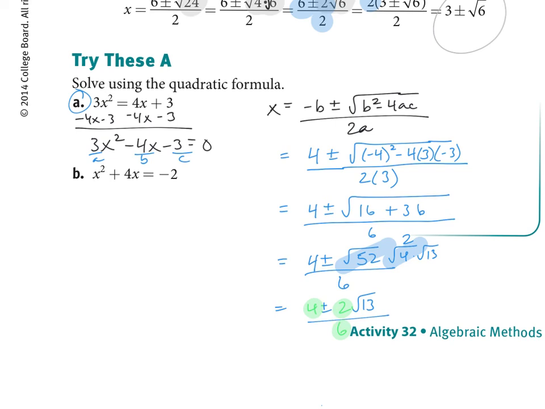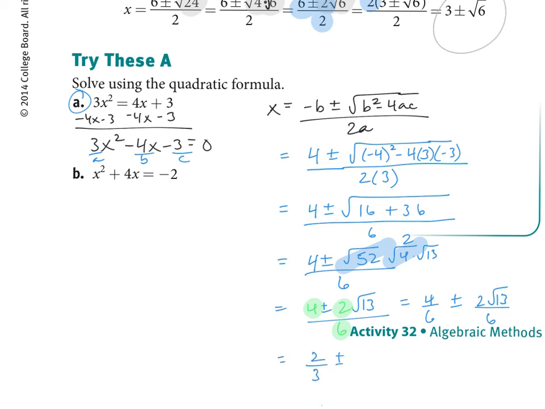What we're really doing here, and I'll show you what we're looking at, is we're giving both of these terms a denominator of 6. I know it didn't show it on the last problem, but I'd love to show it here. So we really have 4 over 6 plus or minus 2 square root of 13 over 6. So that's how we're able to reduce this 4 over 6 to 2 over 3.